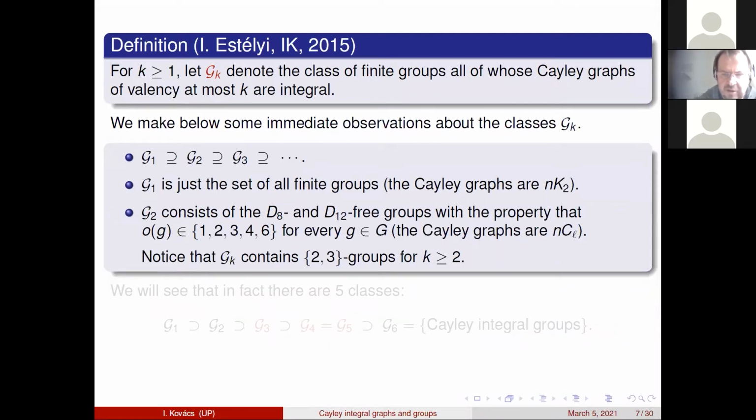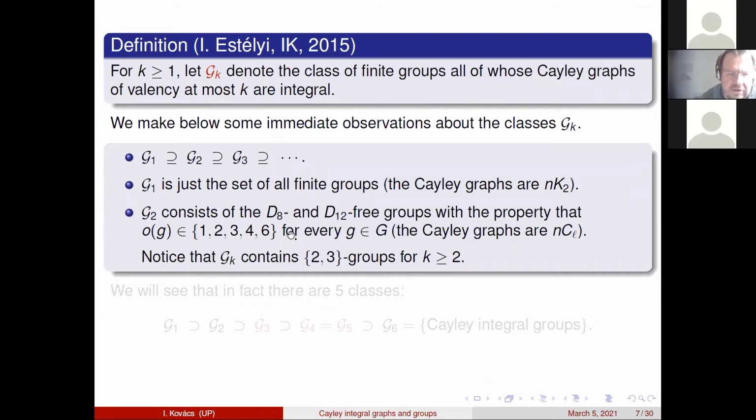And you have to think about it that you can get cycles not only from an element and its inverse, but also from two involutions. The length of the cycle is exactly the order of the dihedral group which the involutions generate. And that's why you have to exclude the dihedral groups D8 and D12 from the class. So G1 and G2 are relatively trivial classes, I would say.